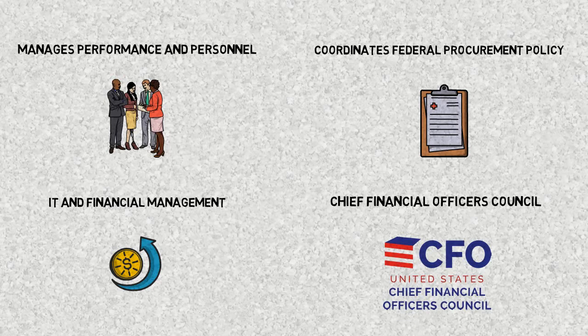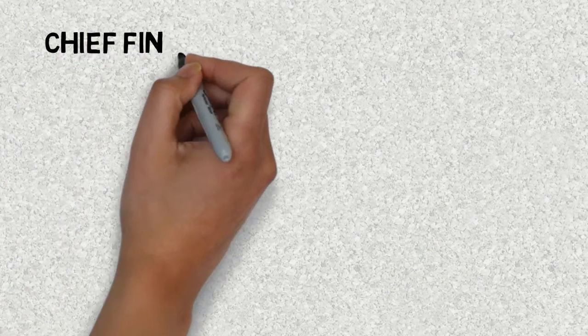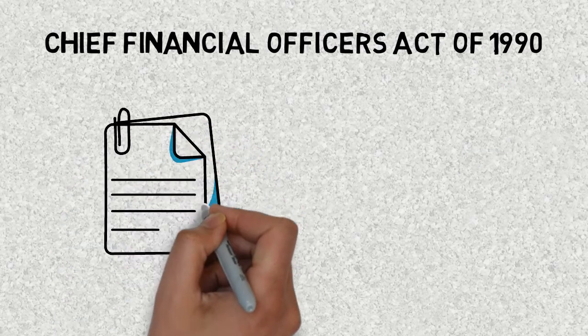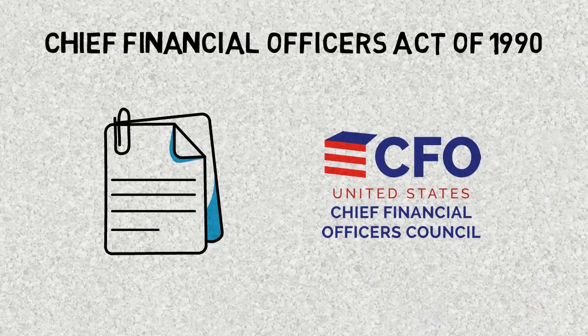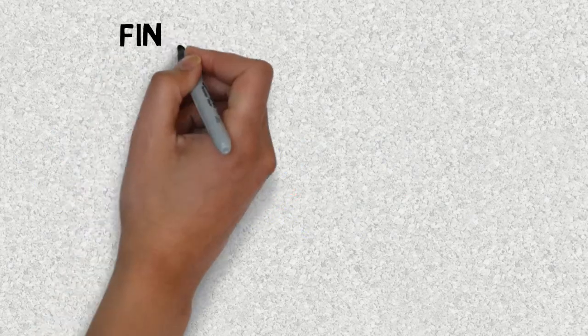Next, let's talk about the Chief Financial Officers Act of 1990. This act was passed in order to improve the financial management of the government, and it created the CFOC. Before we get into CFOC specifics, here are a few high-level goals of the CFO Act.